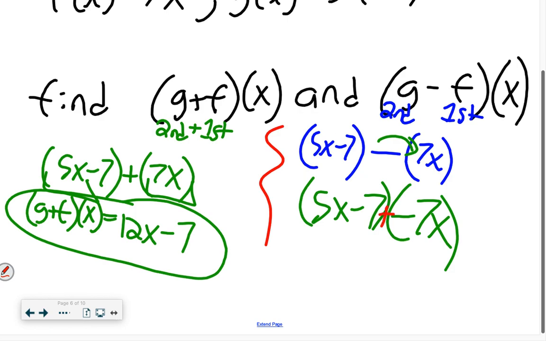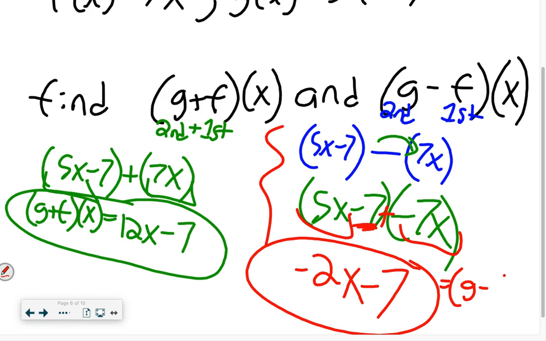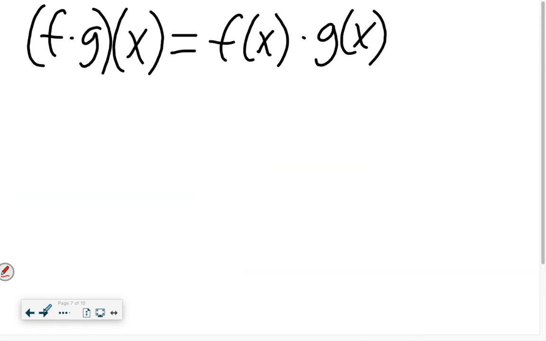But combining like terms, 5x minus 7x is negative 2x, then this negative 7 is all by itself. So this would be your answer. This would be g minus f of x, okay? So you get negative 2x minus 7. It's not terrible, right? As long as we know how to add polynomials.